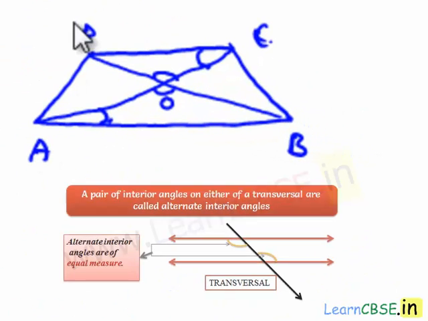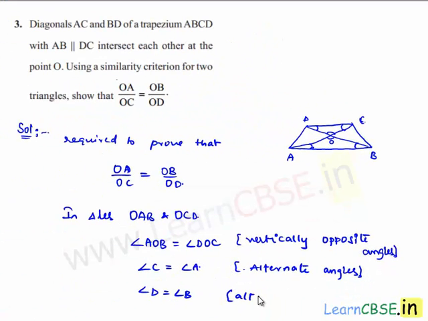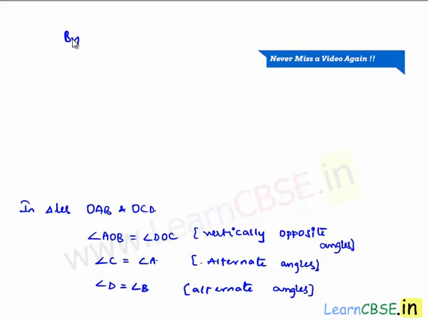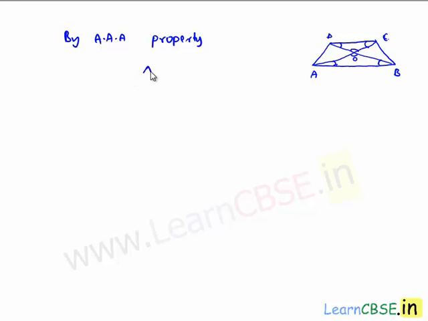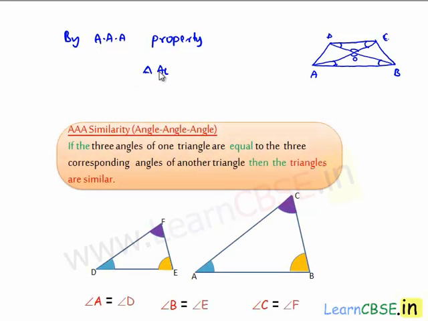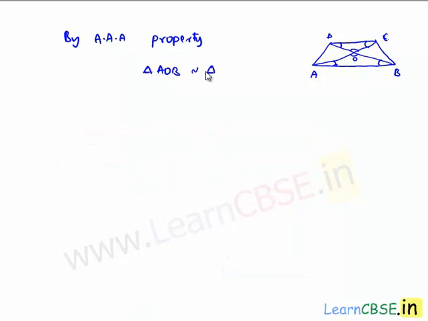Now again, angle D will be equal to angle B since they are also alternate interior angles when AB is parallel to DC and DB as transversal. Here, according to AA property, triangle AOB is similar to triangle COD.